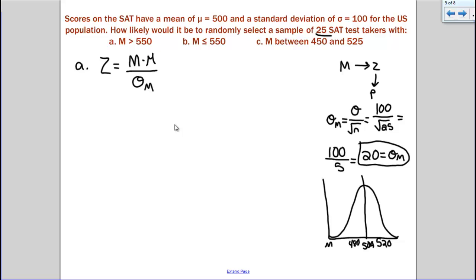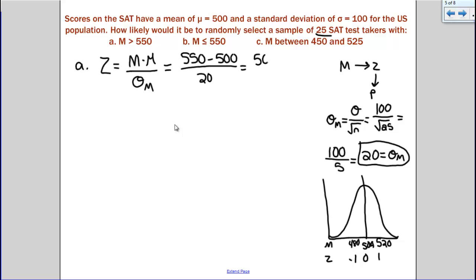All right. Let's put my z-scores in there. So for a mean of 550, what would be our z-score? So we've got 550 minus the population mean of 500 divided by the standard error that we just found, 20.